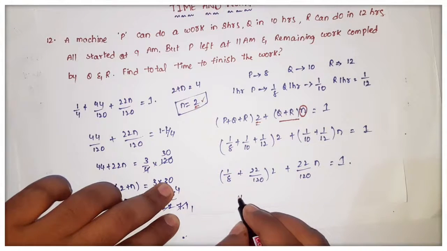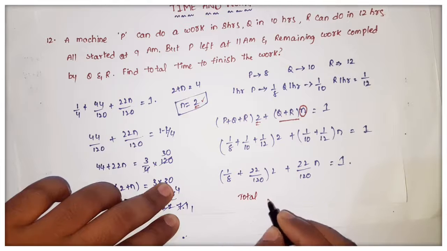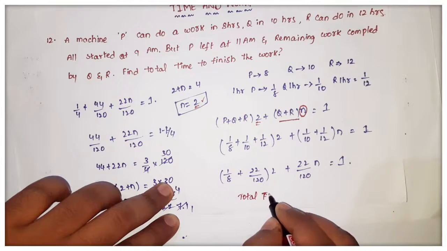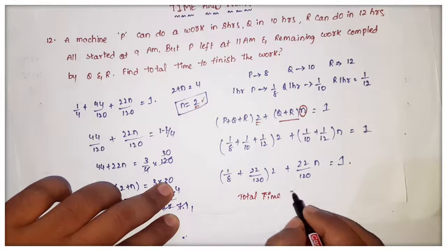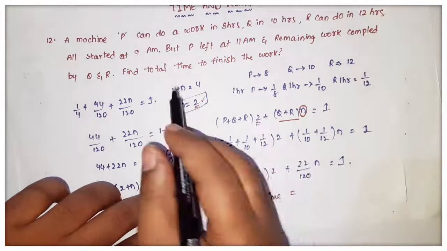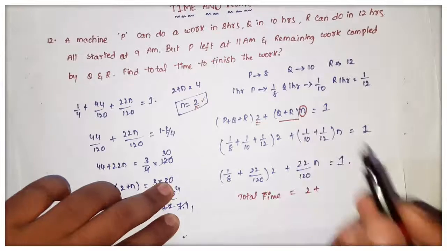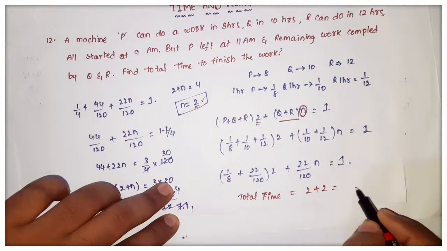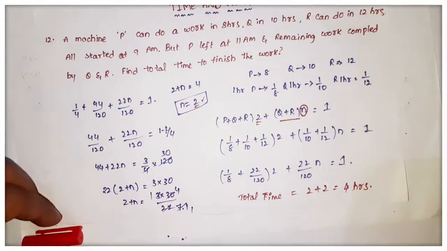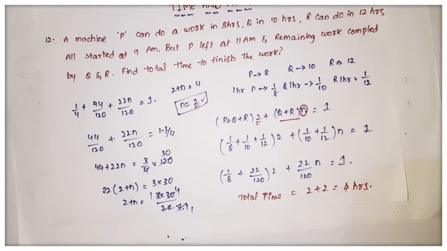So the total time taken is 2 hours all three worked together plus 2 hours Q and R worked together, that is 4 hours. So 4 hours is the required time in which the entire work will be finished.